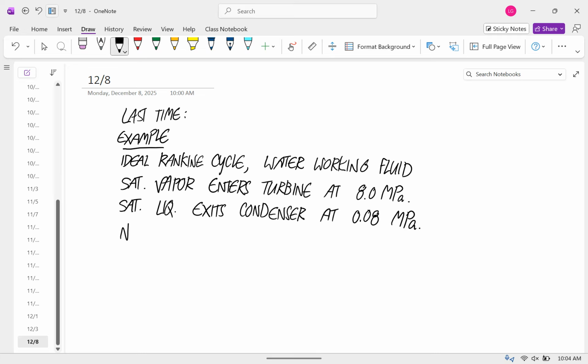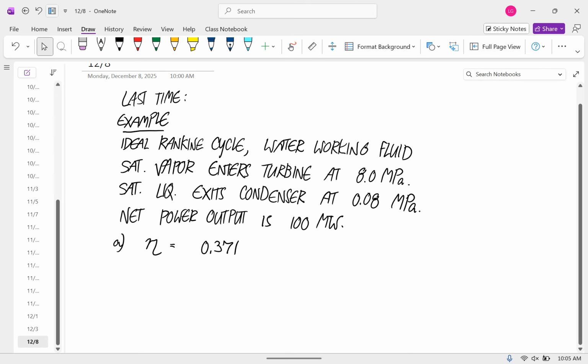And then we were told that the net power output is 100 megawatts. And the parts that we did so far, we wanted to calculate the efficiency, and we got 0.371, so 37.1% efficiency.